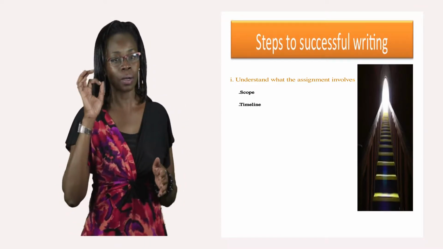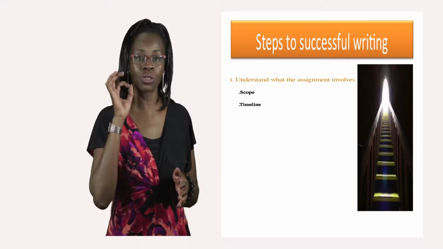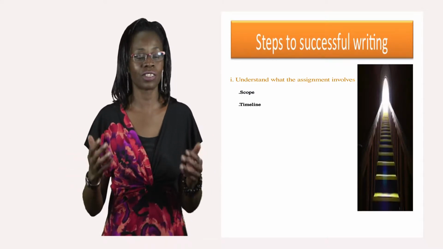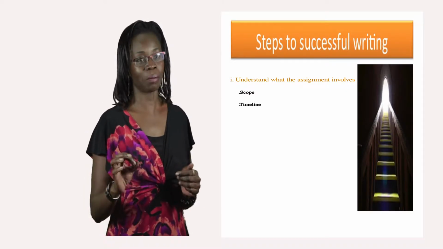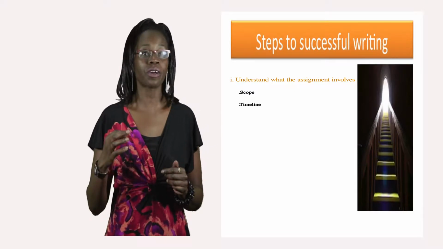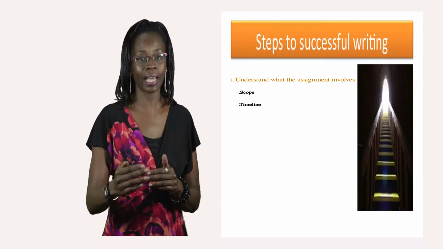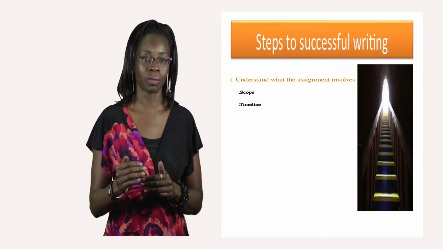Scope is so important. This makes you focus when it comes to writing, so that you're not gathering information that is not necessary. The second is the timeline. What do I mean by timeline? When you're writing, you do not write forever. You have to know by what point in time should I submit the writing that I am doing.